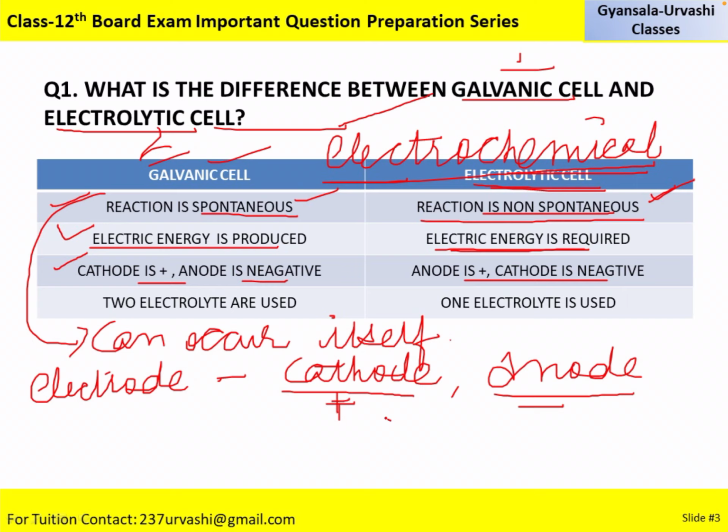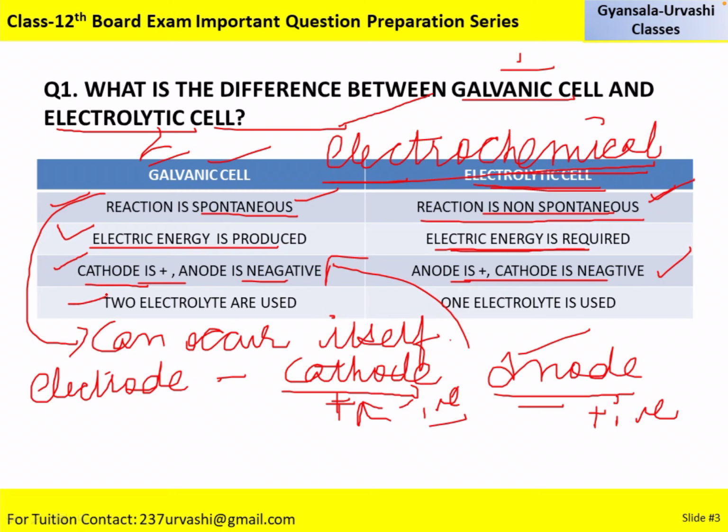Which ions will move towards the cathode? Negative ions will move towards the cathode, and positive ions will move towards the anode, in the galvanic reaction. On the other hand, the anode is positive in the electrolytic cell. That means negative ions move towards that side. Okay, so that is a very basic difference between the two. Here in this case the cathode is positive, here in this case the anode is positive, and vice versa for the other electrode.